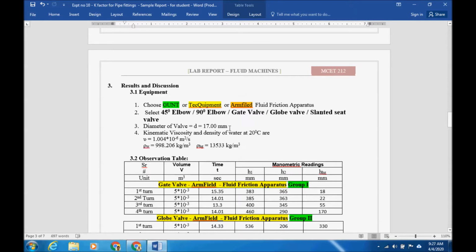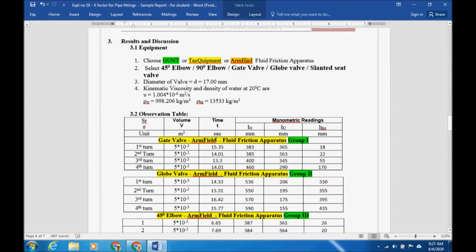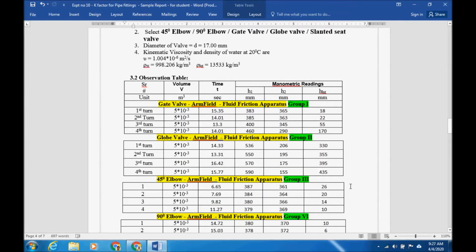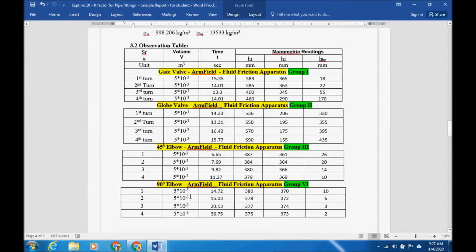Don't forget to write the diameter, and these properties are the same as in the previous experiment. Now observation table. Group A will write only Armfield, gate valve. Group B will write only for globe valve. Group C will write only for 45 elbow and elbow.